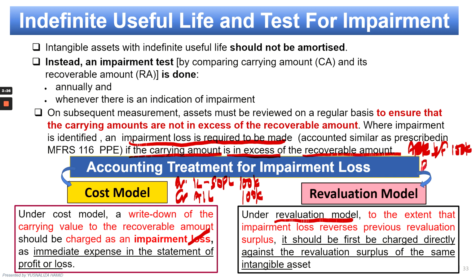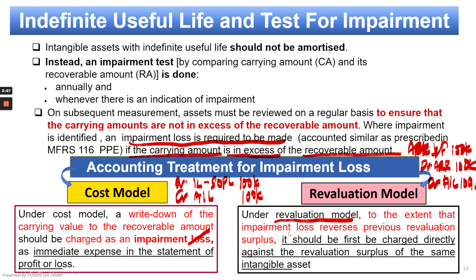You should charge directly against the asset revaluation reserve that impairment loss of 100,000, in case the revaluation model is being adopted, and that will be credited to the accumulated impairment loss with the 100,000 as well. Okay, that is if the revaluation surplus balance is enough to cover.